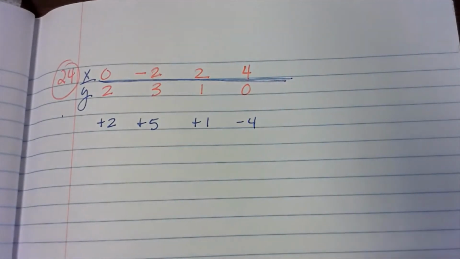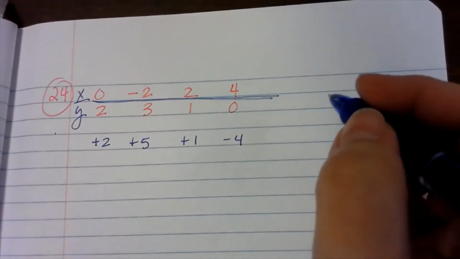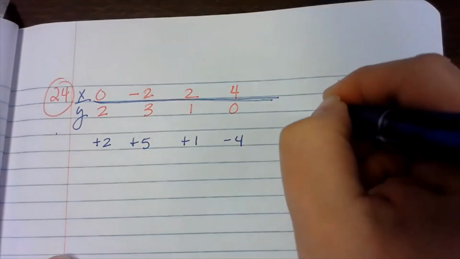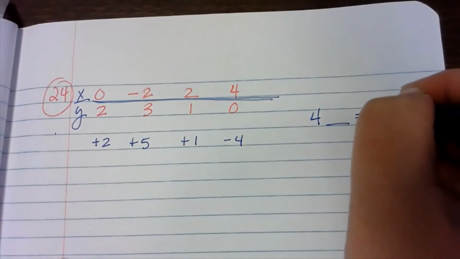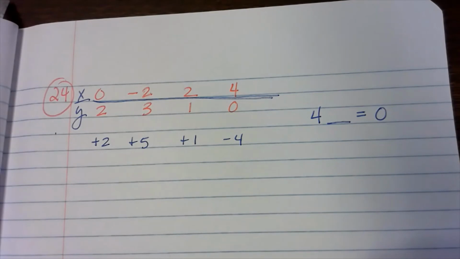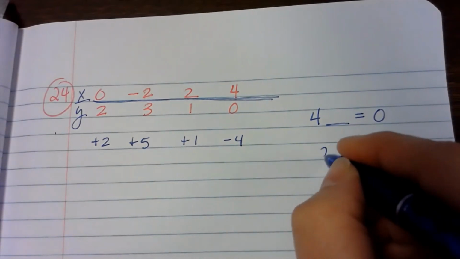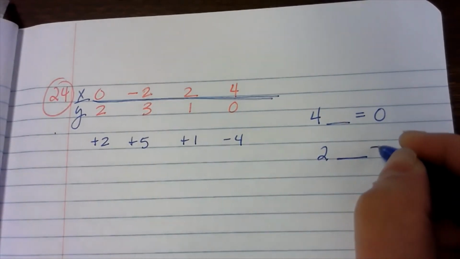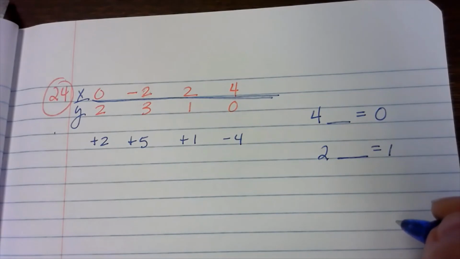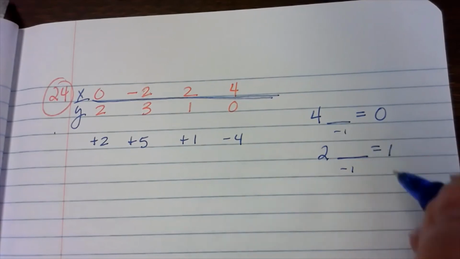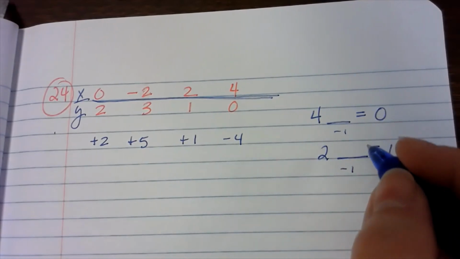Okay, so this does not help me, so I'm going to look at 4, doing something to it, and it becomes 0. What do I do to it for it to become 1? I'd subtract 1, but that doesn't match here.